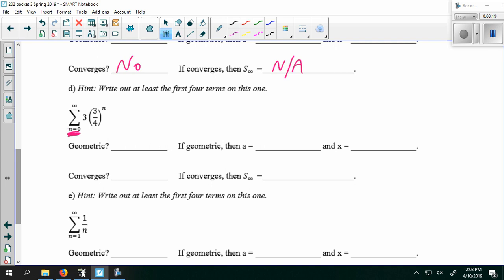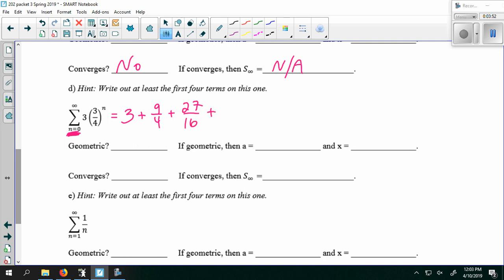Okay, write at least the first 4 terms on this one. So 3 times 3/4 to the n. I'm starting with n equals 0 here. So when I plug 0 in for n, I get 3 times 1, which is 3. Then when I plug a 1 in for n, I get 3 times 3/4, which is 9/4. Then I plug a 2 in for n, and I get 3 times 9/16, which is 27/16.